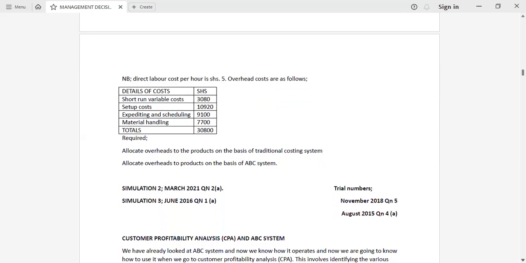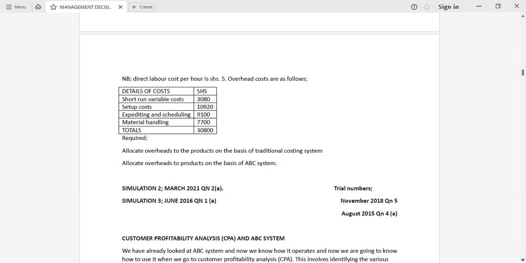Overhead costs are as follows. They have provided us with a table showing the details of costs and the amount. We have short run variable costs, that's the amount, 3080.